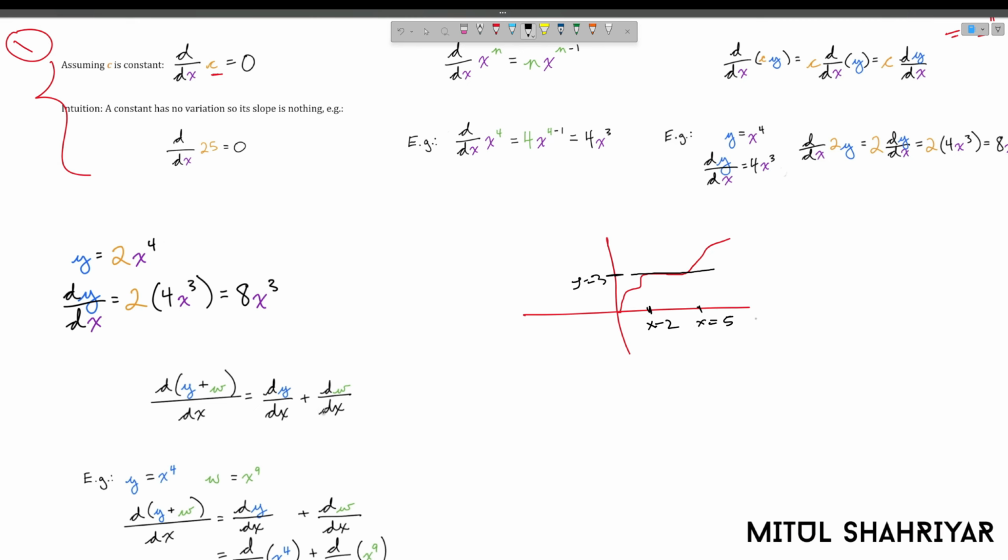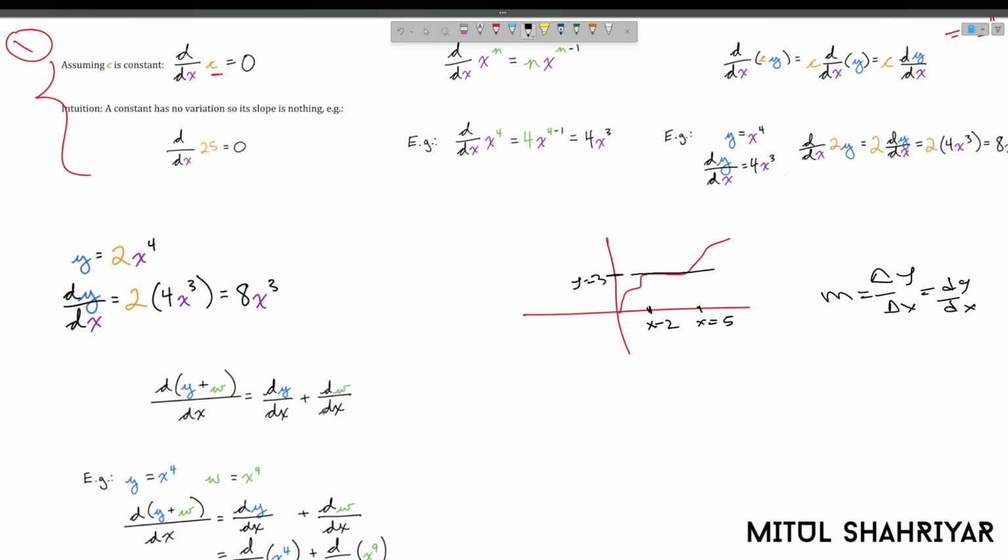So here you can see the slope m equals what? We have del y by del x, or dy by dx, whatever you call it.